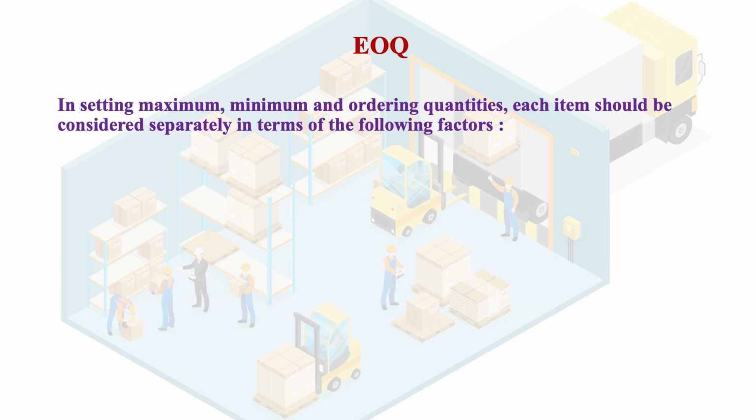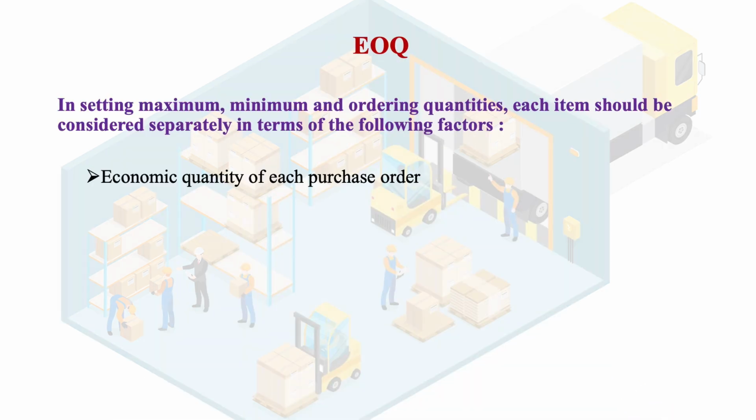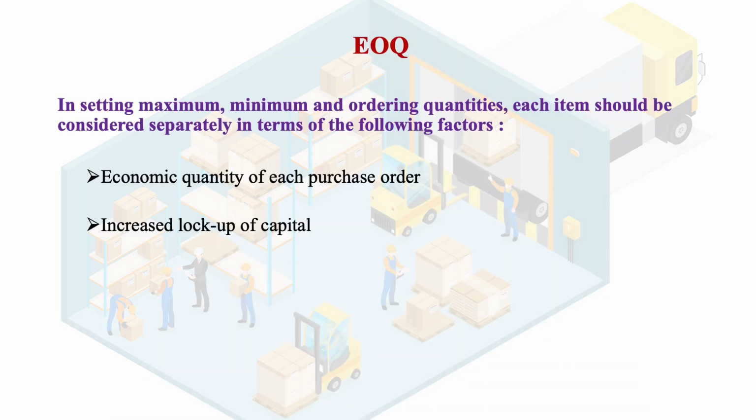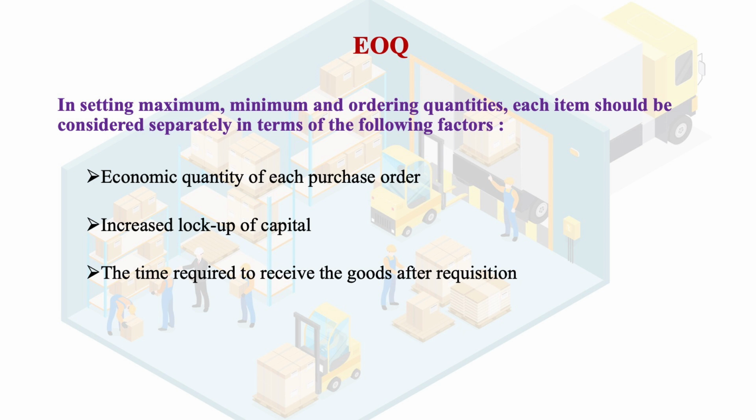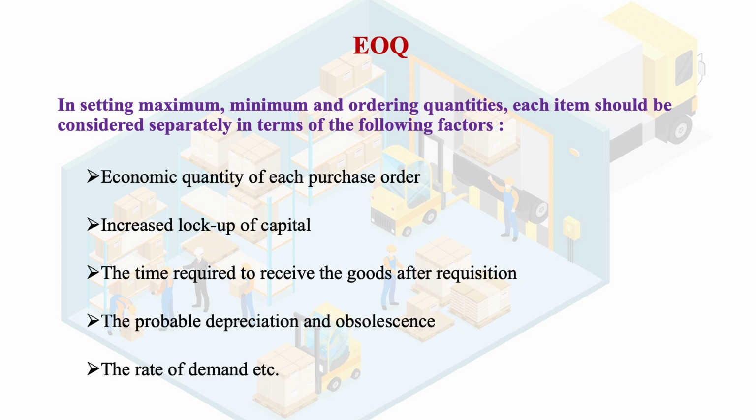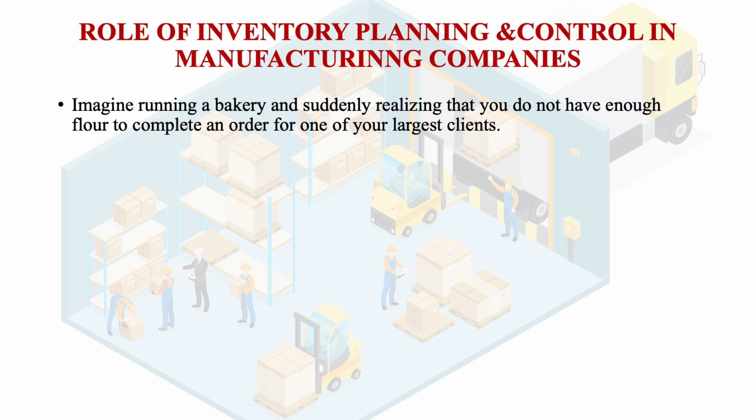In setting the maximum, minimum and ordering quantity, each item should be considered separately in terms of the following factors: the economic quantity of each purchase order, meaning we have to order an optimal quantity so that more capital is not blocked, increased lockup of capital, time required to receive the goods after requisition, the probable depreciation and obsolescence, meaning obsolete items, and the rate of demand.